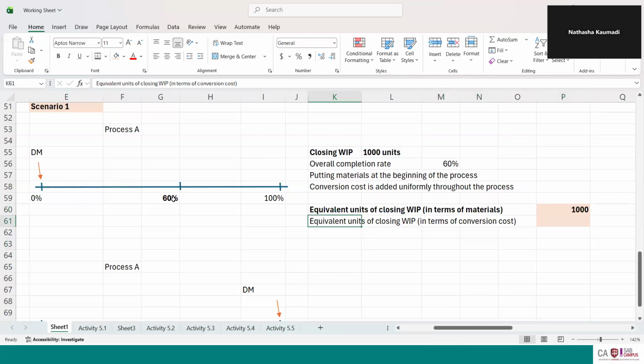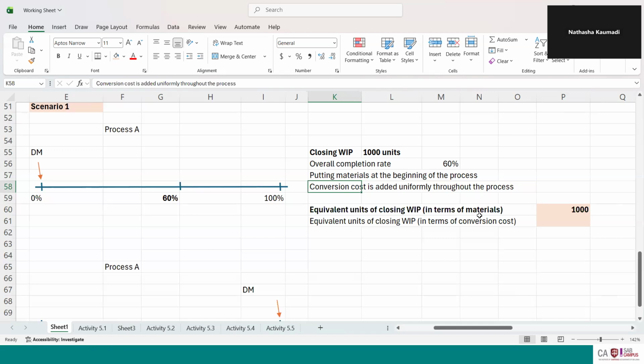You have reached 60% of your completion rate. Conversion cost is added uniformly throughout the process. Then what is your completion rate in terms of conversion cost? You have reached 60% only. එහෙනම් දැන් වෙනකොට conversion cost එක කොච්චරක් දාලා තියෙනවද? 60%.